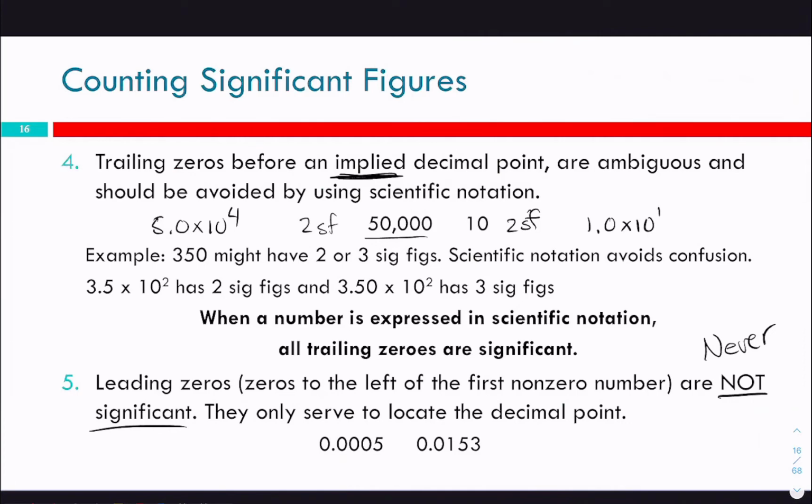So it doesn't matter if you have decimal places or if you have zeros in front of a non-zero number. Sorry, it would be in this direction for you guys. In front of a non-zero number, those are never significant. They're just placeholders.